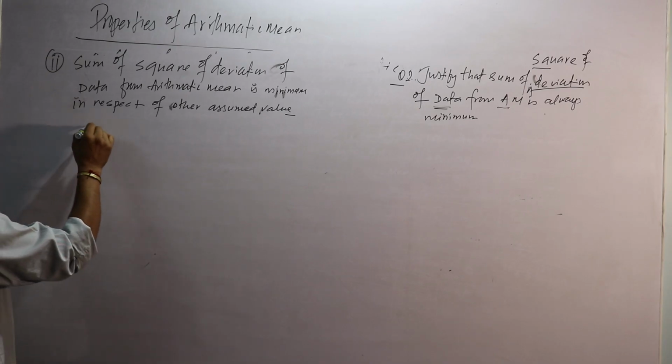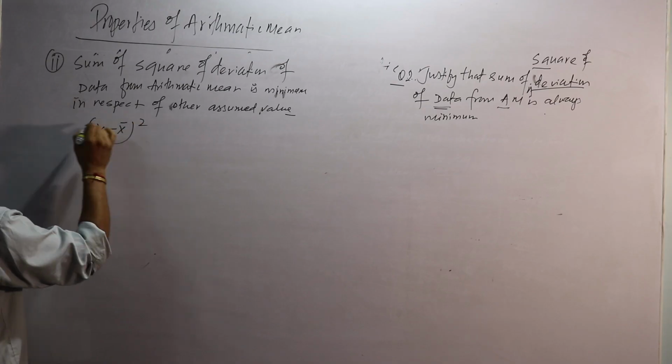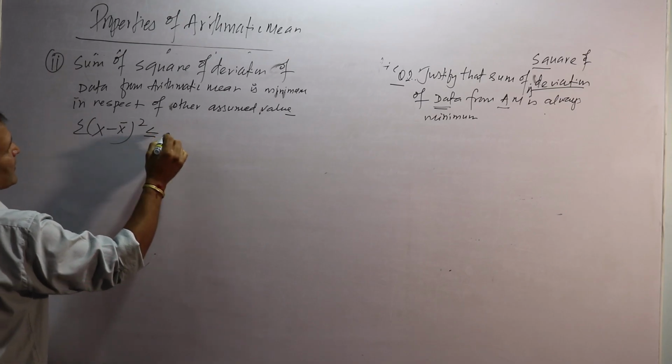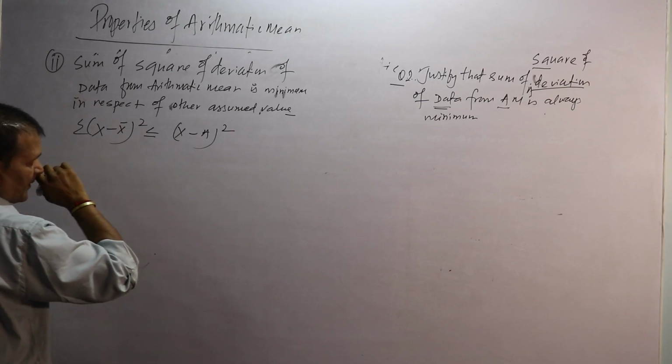So it means that the sum of (x minus x bar) square is always smaller than the sum of (x minus a) square.